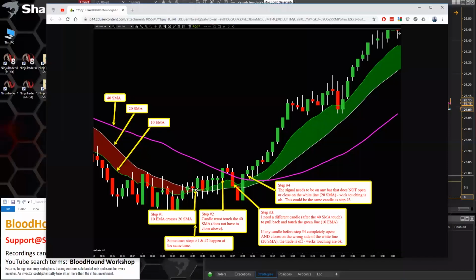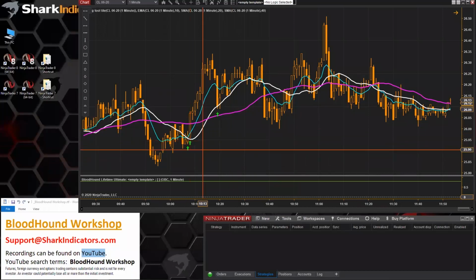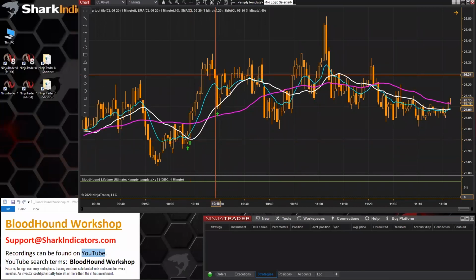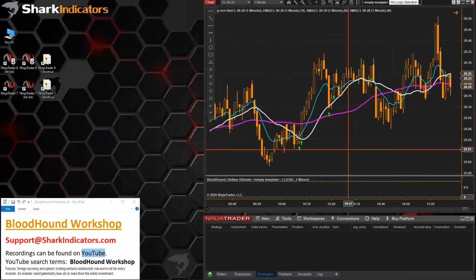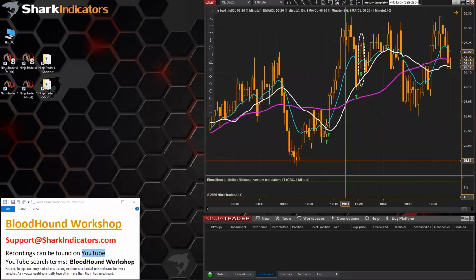We get a crossover, so we need a bar to touch the 40, and there we go. We have a bar touching the 40, and then a pullback to the 20. Yep, that would be the signal bar. Well, we got an area to work with on our chart. That's where we're expecting to see a signal.